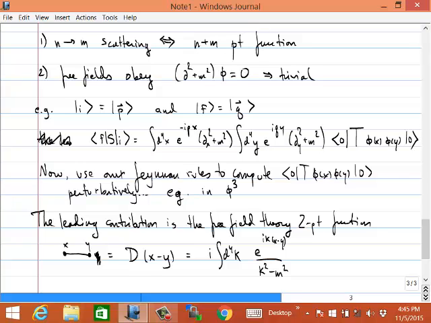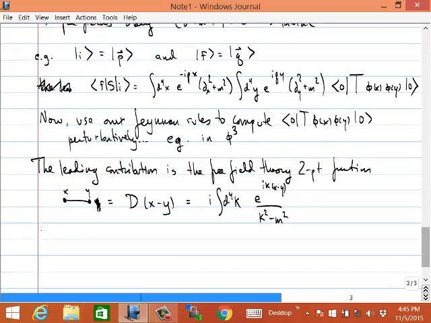That's just the statement that in momentum space, this propagator is 1 over k squared minus m squared, which you can think of as the inverse of the Klein-Gordon operator, d by dx squared plus m squared. So let's just go ahead and plug that in. This gives a contribution to the scattering amplitude.